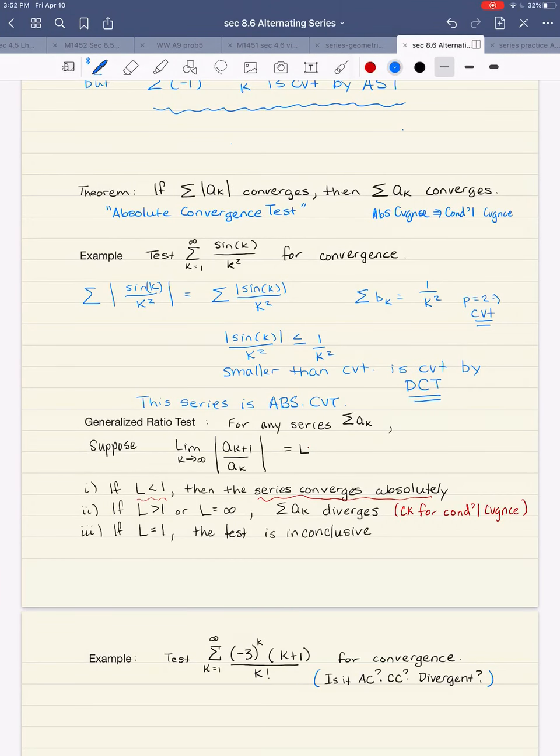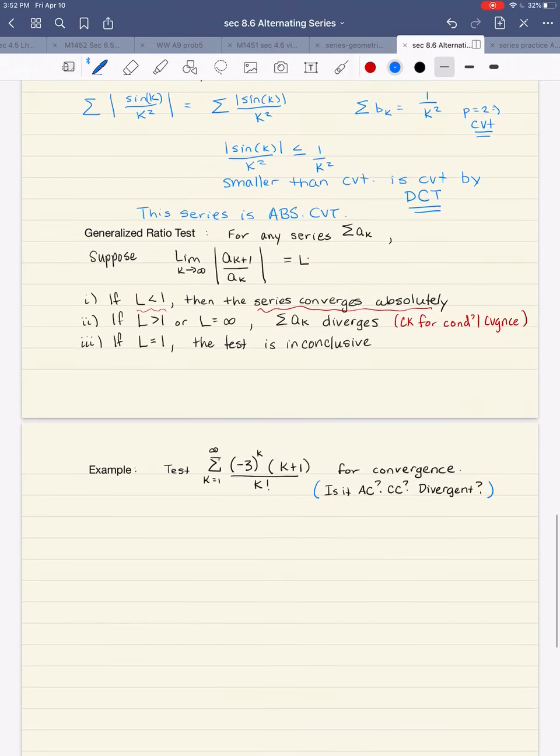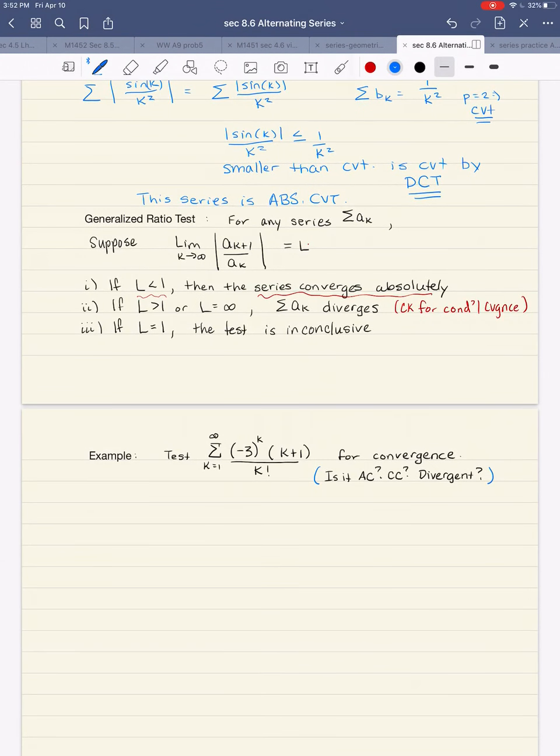So I'm going to show you how this ratio test works for this example here. I'm going to look at the limit as k goes to infinity of the a_(k+1) term divided by the a_k term, all in absolute value, and I've got to figure out what that is.